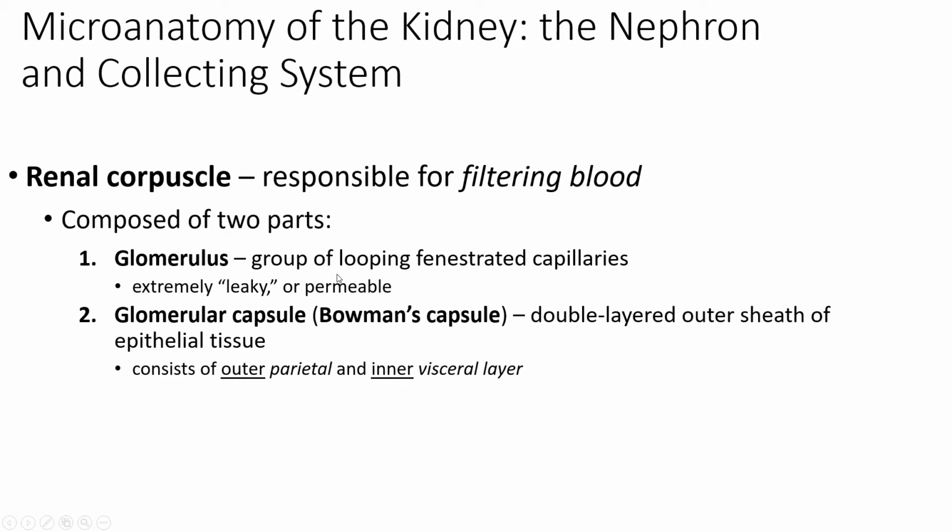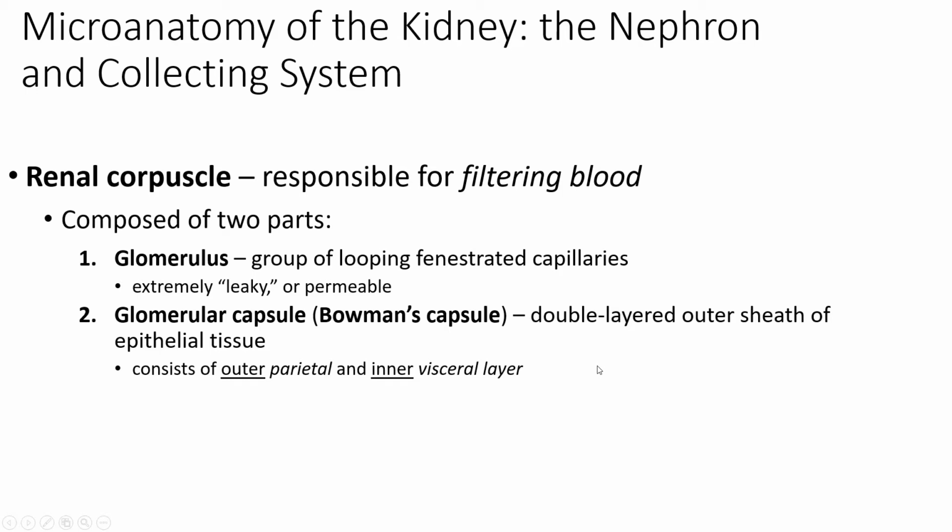They're not as leaky as sinusoidal capillaries, but they're fenestrated capillaries. And we know that fenestrated capillaries are important for filtration and absorption. And we have the glomerular capsule, which is also known as the Bowman's capsule, which is a double layer outer sheath of epithelial tissue. And we have an outer parietal layer and an inner visceral layer.